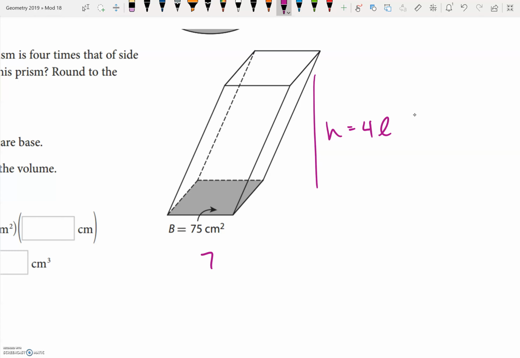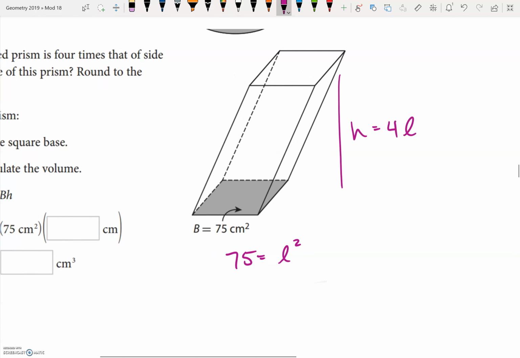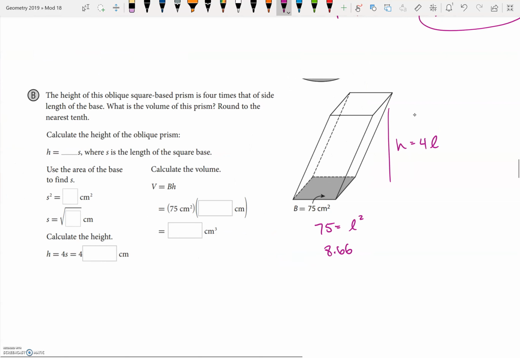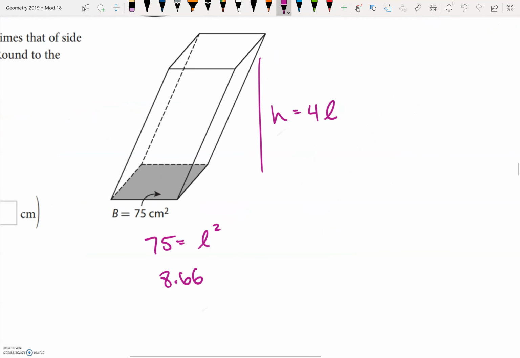So 75 equals our length squared, because the area of a square is side times itself. So we're going to have to take the square root of 75. So that gives us 8.66. And I suppose they want us to round to the nearest tenth. Okay, well, I'll round to the nearest tenth at the very end.